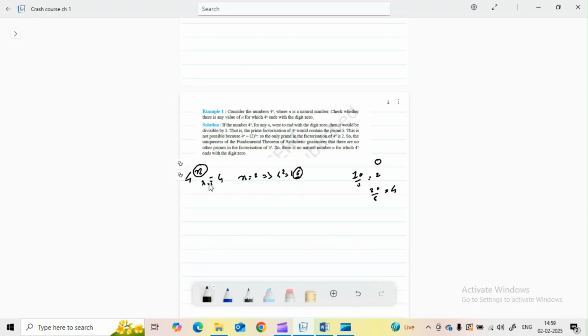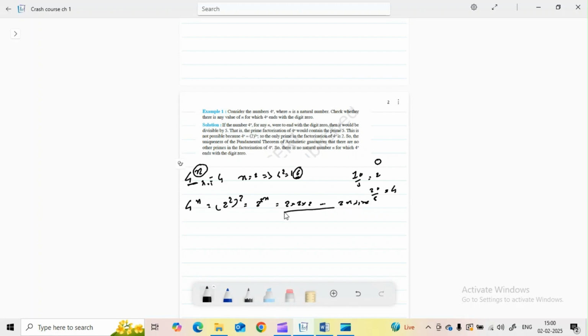So we need to find out, if we write the multiplication of prime numbers of this value, do we have 5 in these prime numbers or not? So 4 raised to n can be written as 2 squared raised to n, which is equal to 2 raised to 2n. So it's nothing but 2 multiplied by 2 multiplied by 2, up to 2n times, right?